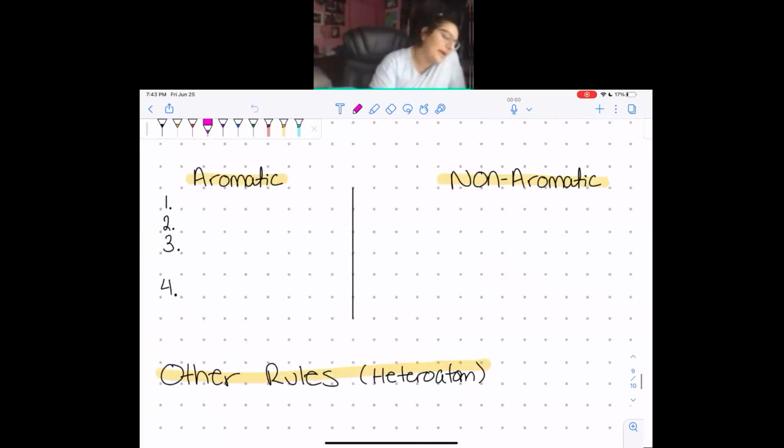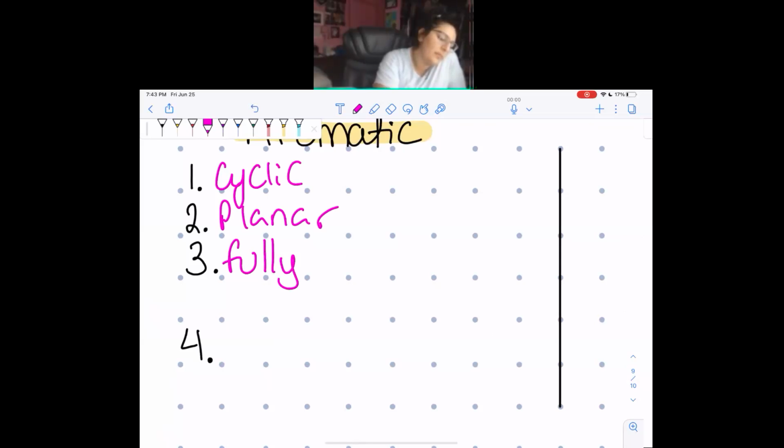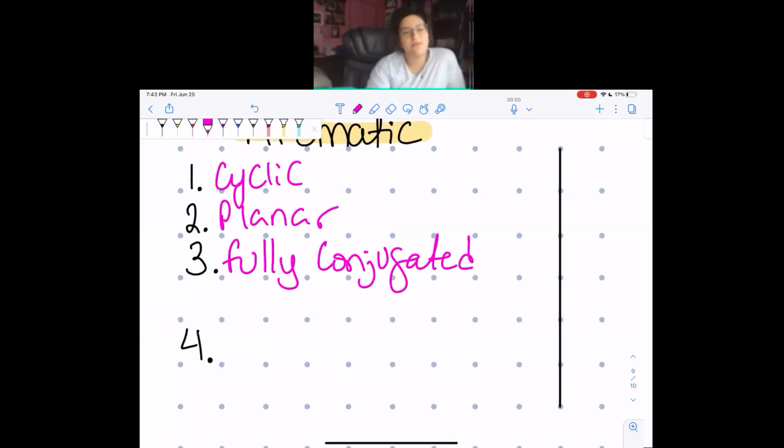So, in order to be aromatic, you must be cyclic, planar, fully conjugated. What it means to be fully conjugated is all sp2 atoms.